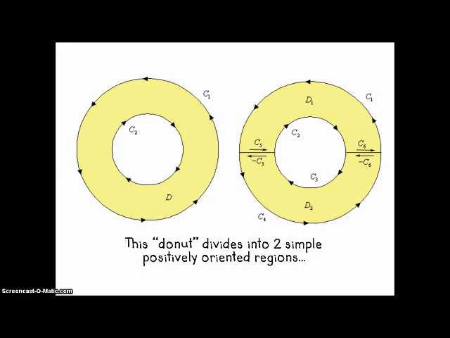One more little comment on this donut region. If you were to use two line integrals, notice that you would still get the same answer as the donut on the left from the donut on the right, because in your computation, C5 and C6 would be computed positively when you did the top half, but then you would get the same result negatively for C5 and C6 when you did the bottom half.